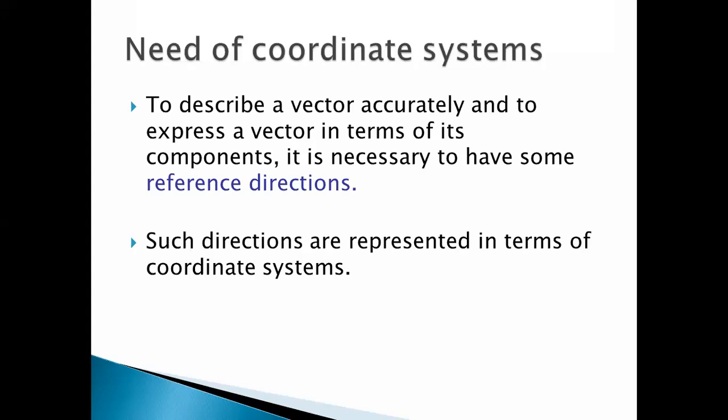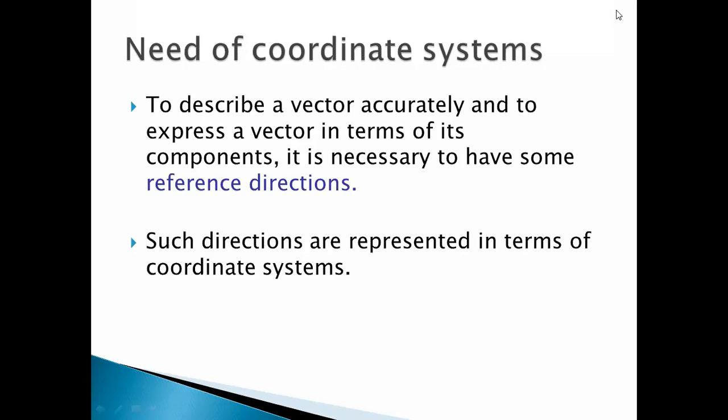If we consider any point or any vector in a space, we can represent it by taking these three directions as a reference. Such directions are represented in terms of the coordinate system. That's why we are using different coordinate systems here.